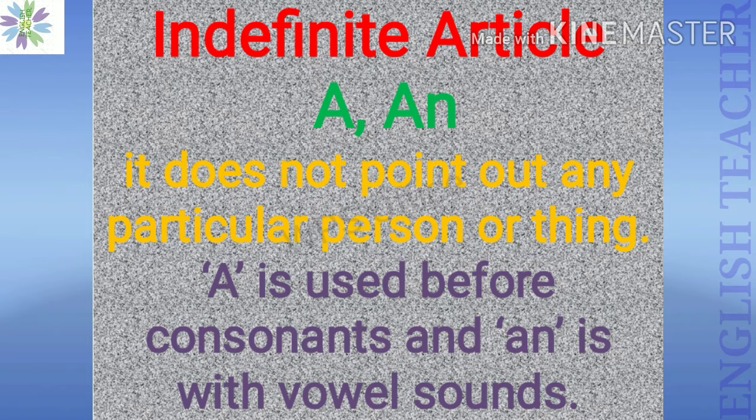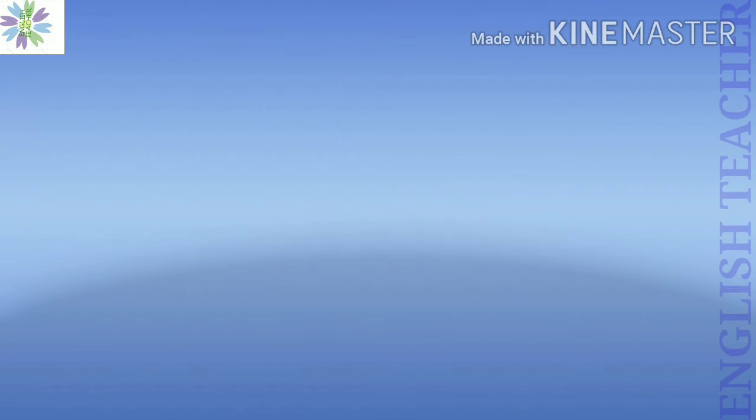Now we move on to the first group of articles, indefinite articles. A and an come under the indefinite articles. They do not point out any particular person or thing. A is commonly used before consonants and an before vowel sounds.